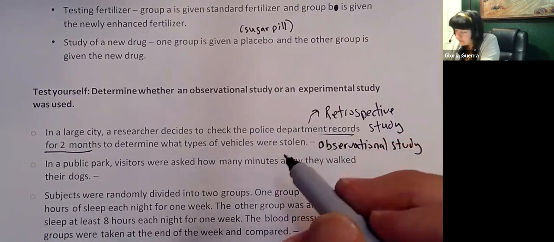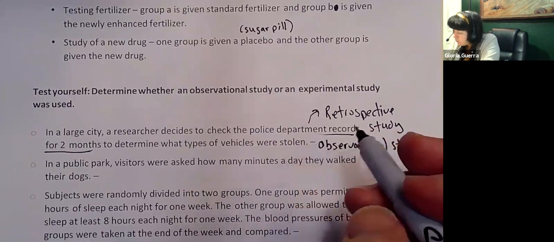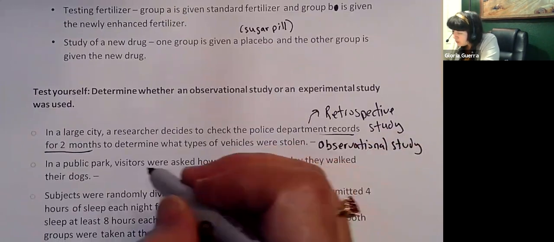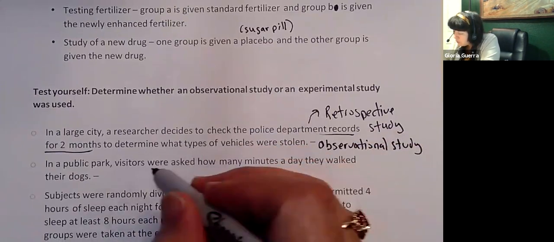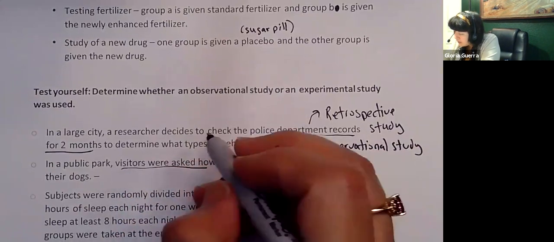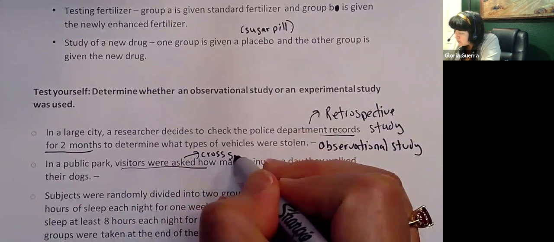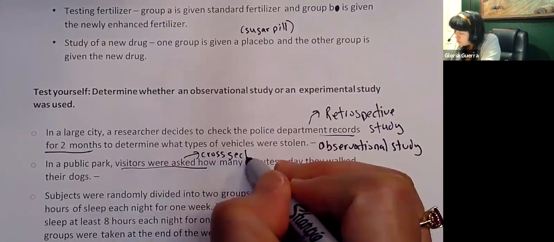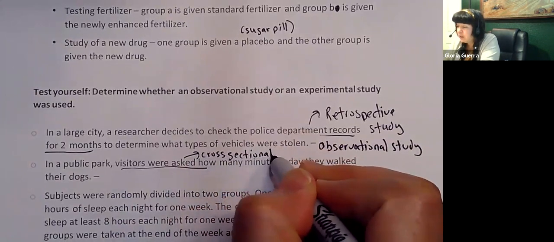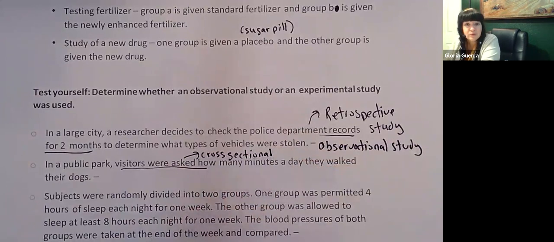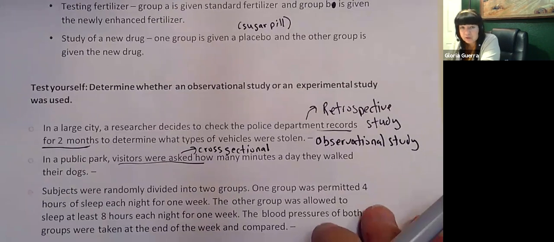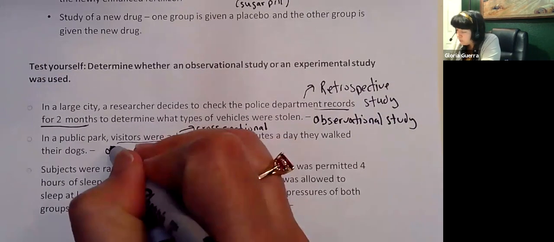I would say that's an example of cross-sectional. Remember at the top, cross-sectional says that all the data are collected at one time. So you're just going to go to the park, see who's there, ask that, and get that information. So that fits under observational.